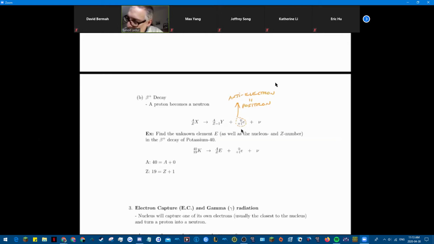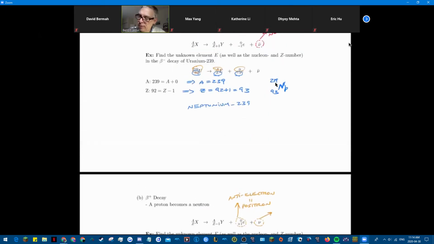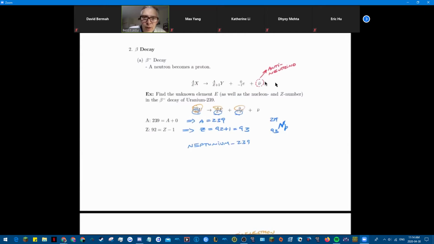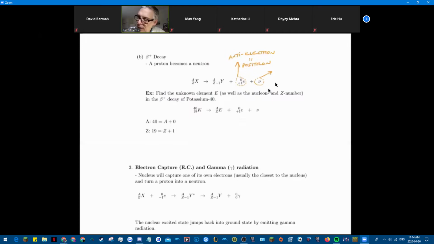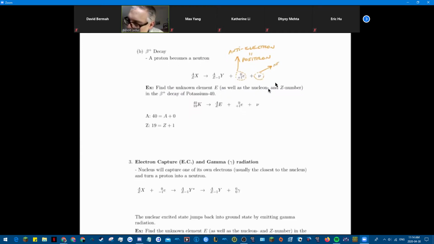Does anyone want to guess what this might be? Just check the previous one. Yeah? Is it a neutrino? Yeah, this one is a neutrino. The previous one was an antineutrino. You can see there's a little bar on the top, and bar means anti. So it's a neutrino, that's correct.